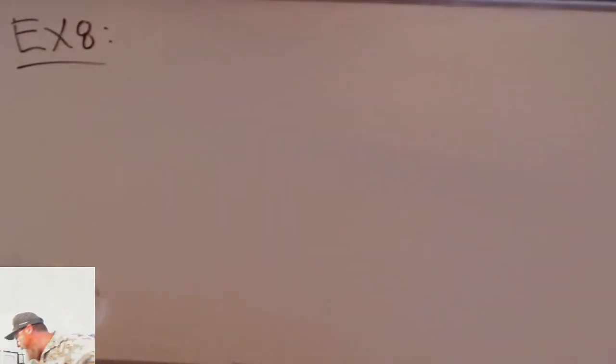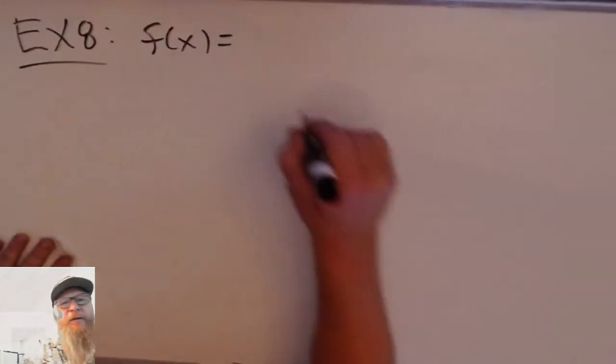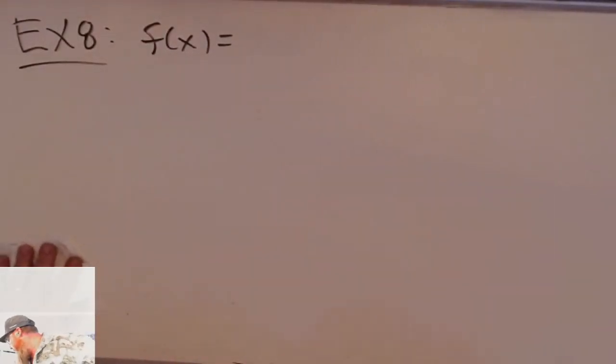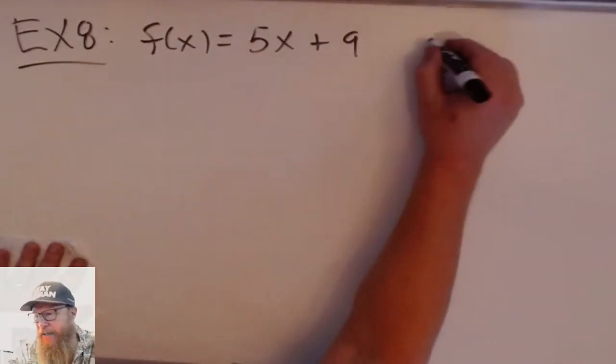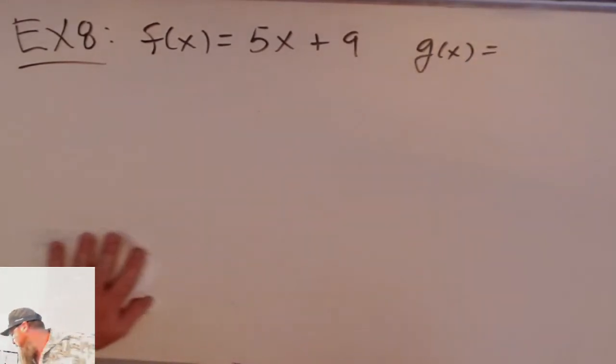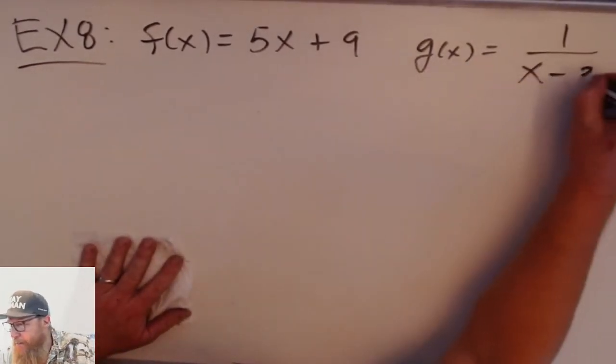Okay, example 8. Why don't we go the other way? Go the other way. So we got f of x is 5x plus 9, and g of x is 1 over x minus 3.